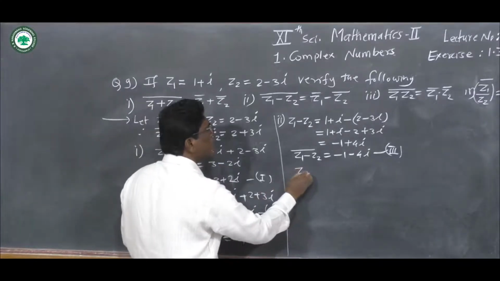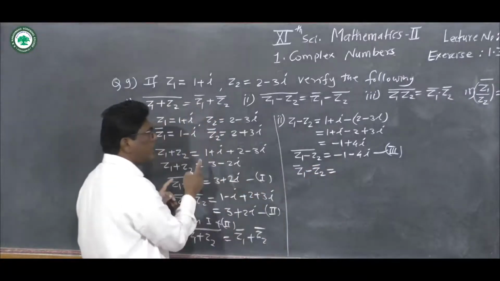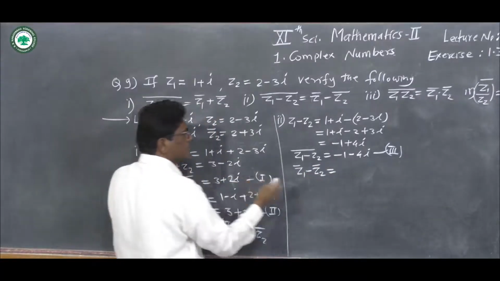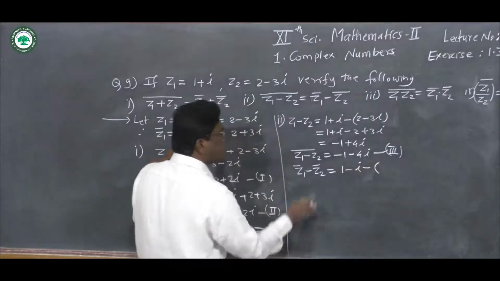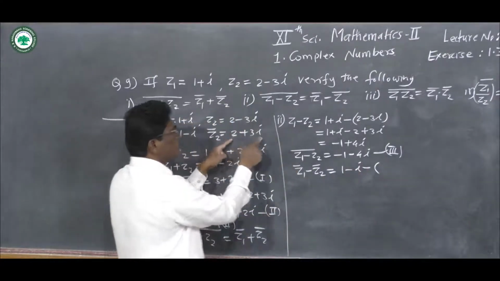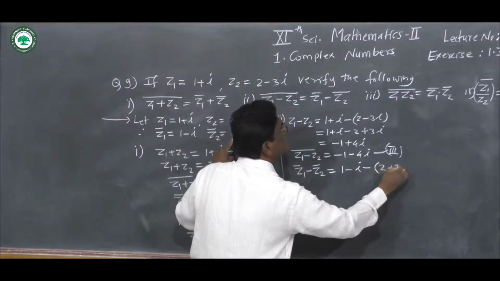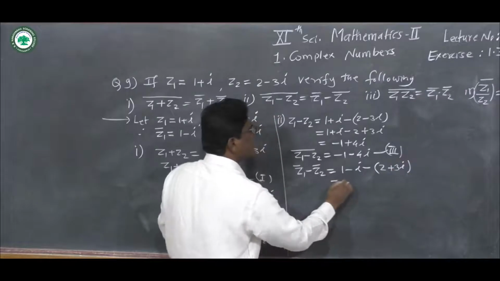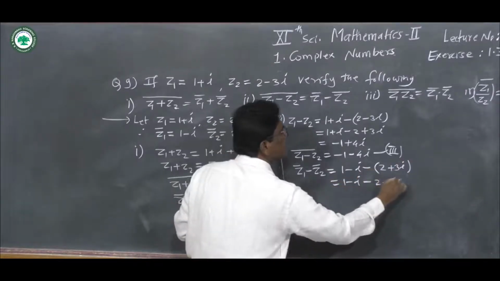So z1 bar minus z2 bar is equal to, firstly write the value of z1 bar, that is 1 minus i, and minus z2 bar written in brackets, that is 2 plus 3i. So it is equal to 1 minus i minus 2 minus 3i.